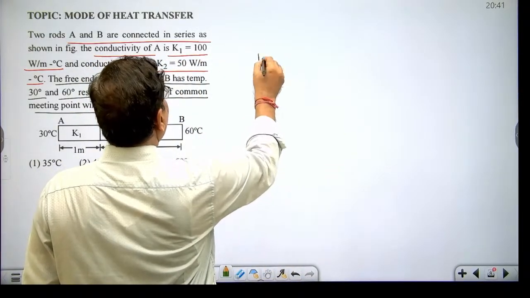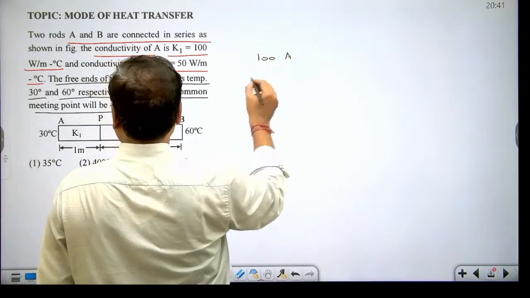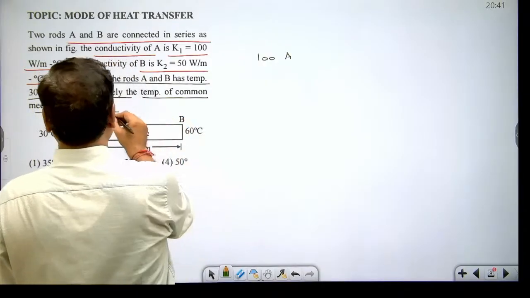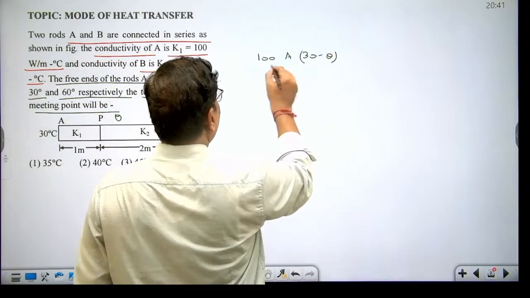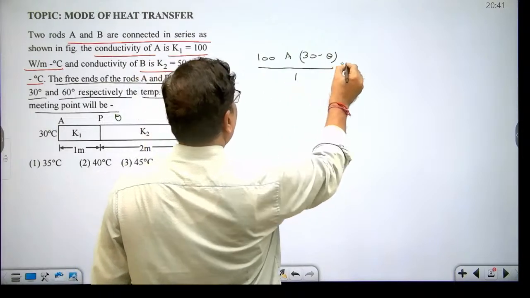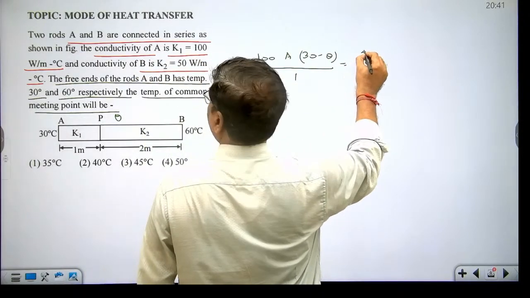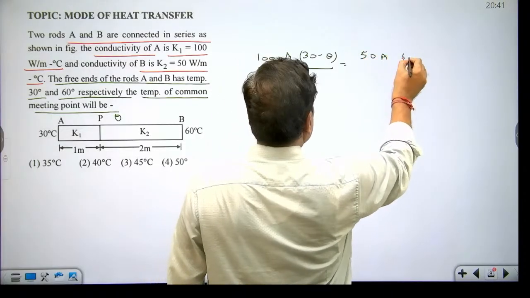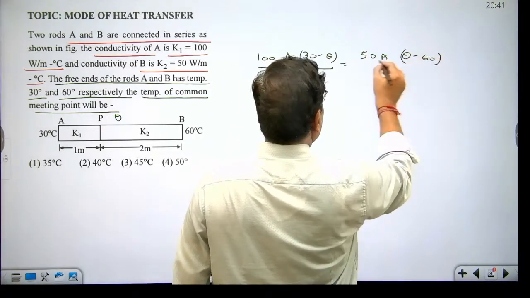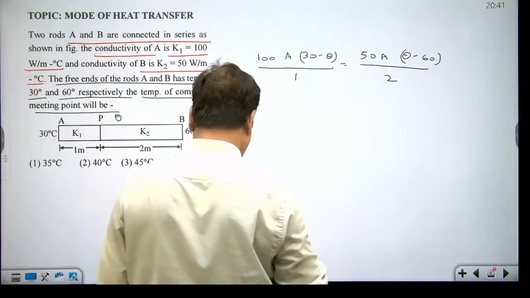K1 is given as 100 A. Let us assume the temperature at the junction is theta. So 30 minus theta upon 1 equal to K2, which is given as 50, A, theta minus 60, divided by 2.